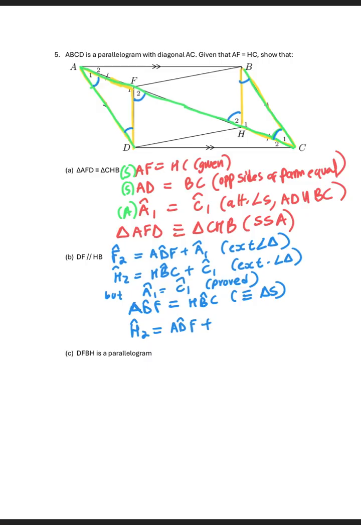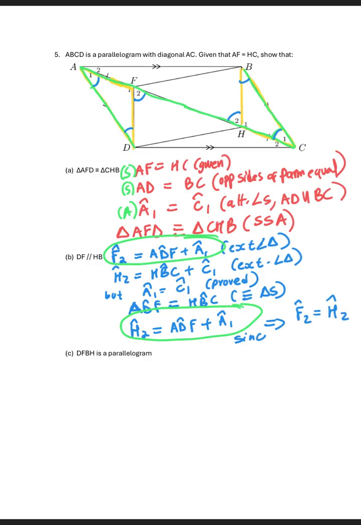Where I see C1, I can replace it with angle A1. Therefore, we have this situation. Do you see that F2 and H2 are both equal to the same thing? So from a logical point of view, it means they are equal. Therefore we can conclude that F2 is equal to H2.